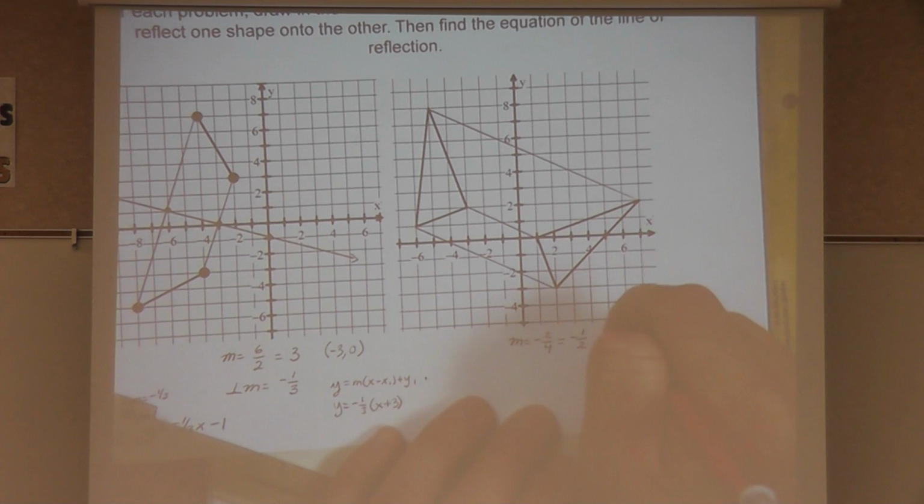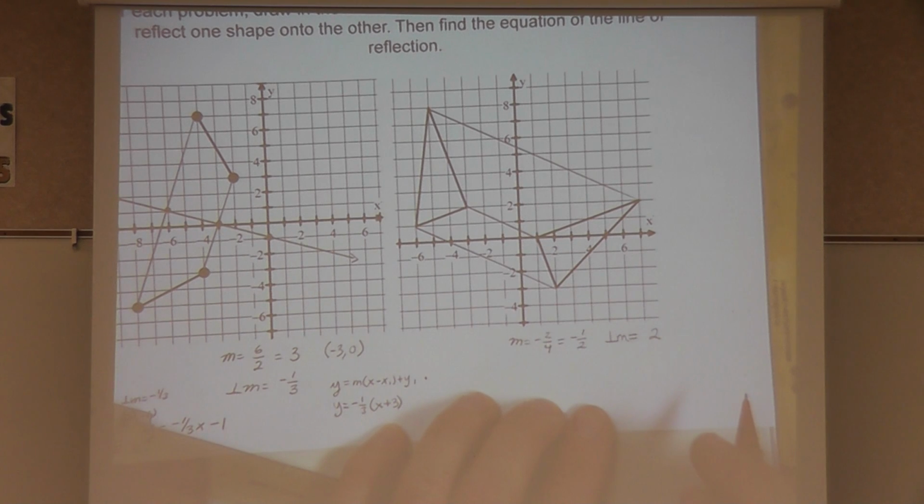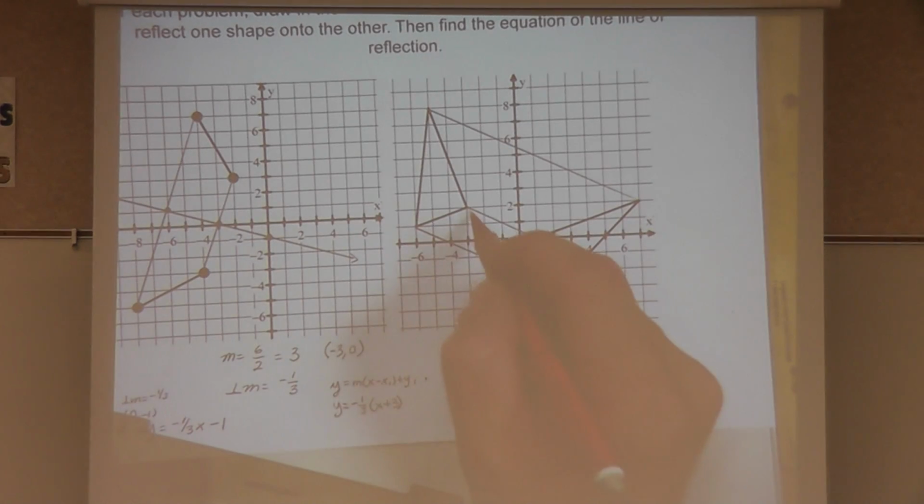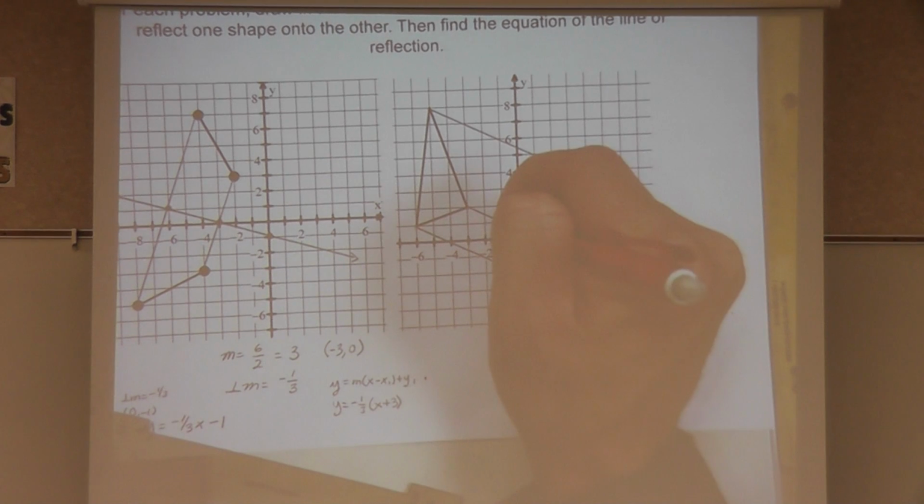Perpendicular to this would be to flip it, reciprocal to be 2, change sign becomes positive 2. Now I need to find some point in the middle, so something that is on the line where the line of symmetry bisects. So if this goes down 2 and over 4, half of that would be to go down 1 and over 2.